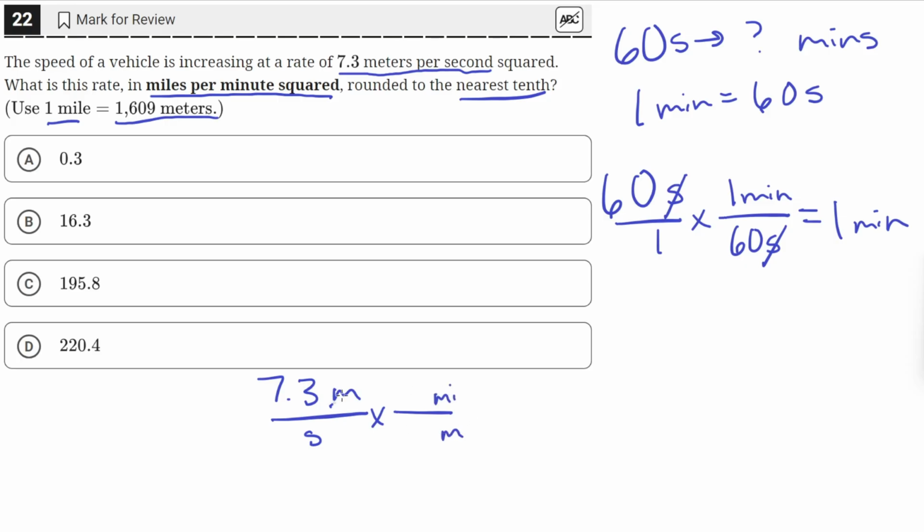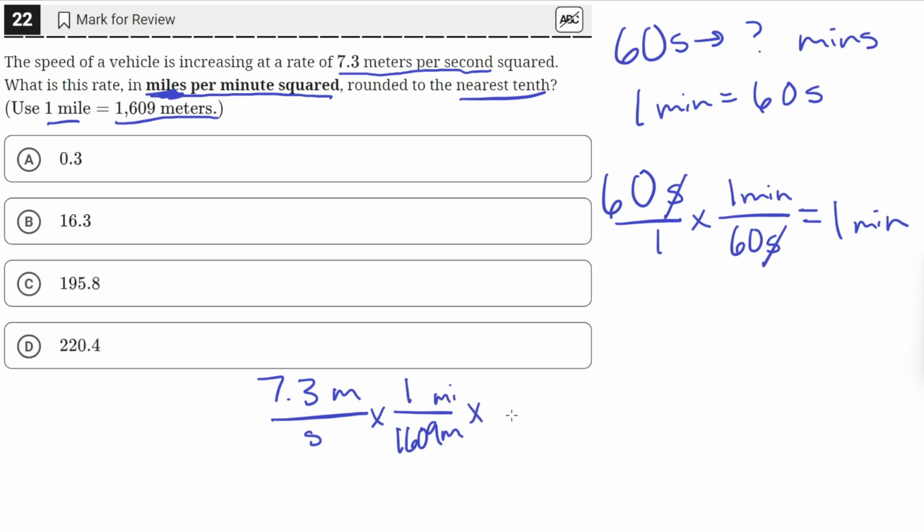This way, when we multiply, these two cancel out, and we'll be left with miles, which is what we want. We're told that 1 mile is equal to 1,609 meters. So this multiplication between these two fractions will convert the meters unit into miles.